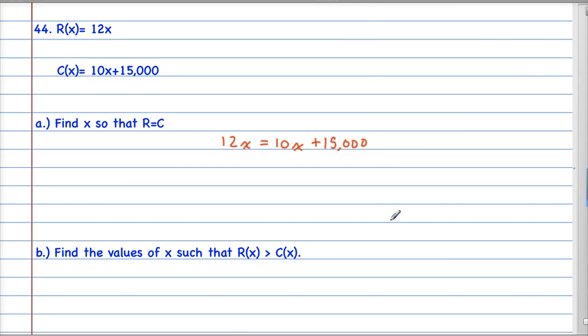I'll let you solve that on your own and determine the value of x. And then finally down here, find the value of x such that r of x is greater than c of x. So here we'd have 12x is greater than 10x plus 15,000. And so again, you would just get your x's together and you'd have a final statement and inequality there.